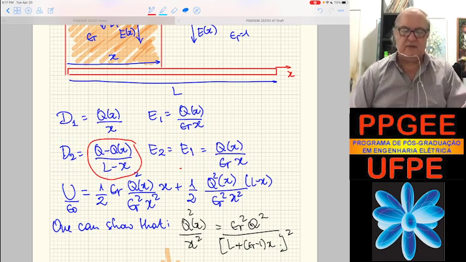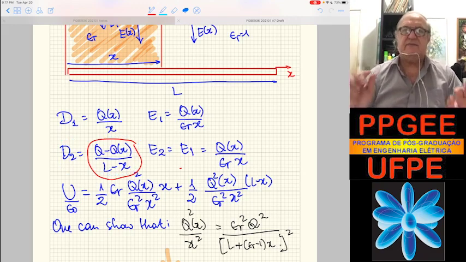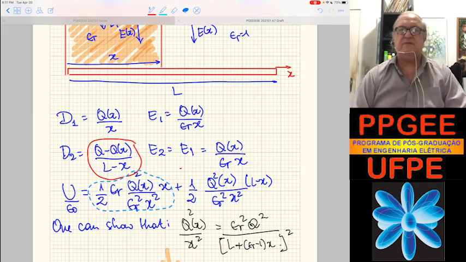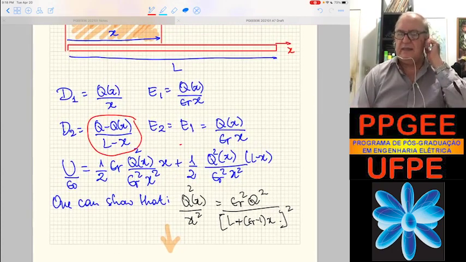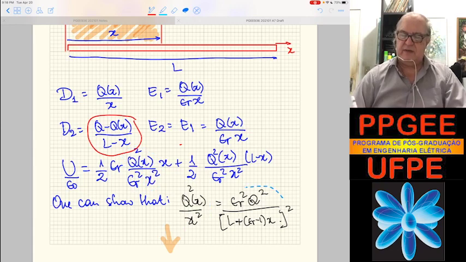So with those, you can calculate the energy again by the same formula: the volume integral of epsilon E squared, right? I leave this for you to calculate. That's the ratio that appears here, the Qx over x squared, given by this function here.